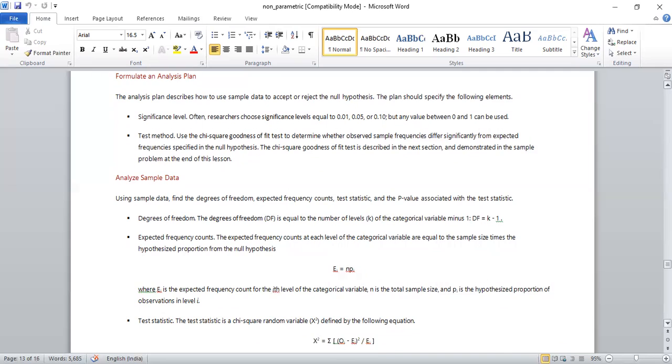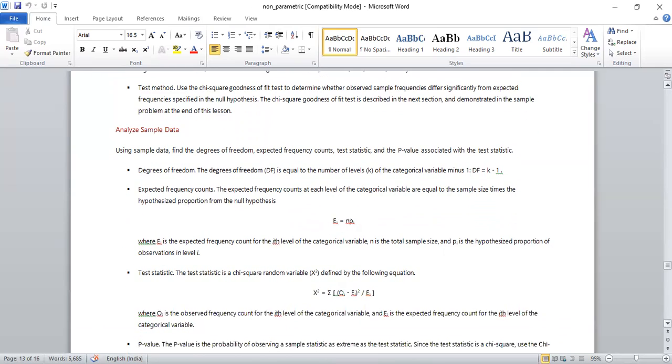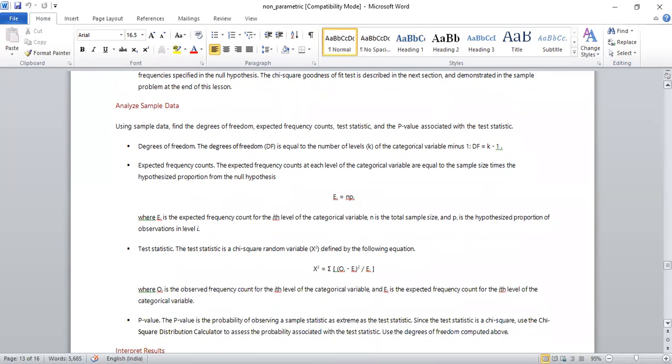Now look at how we can analyze the sample data. Using sample data, find the degrees of freedom, expected frequency counts, test statistic, and the p-value associated with the test statistic. So degrees of freedom is equal to the number of levels of the categorical variable minus 1. Obviously, 1 is compromised.